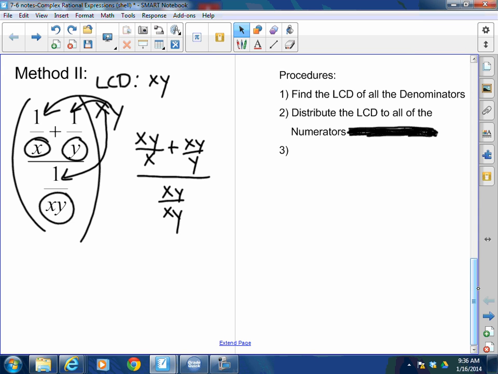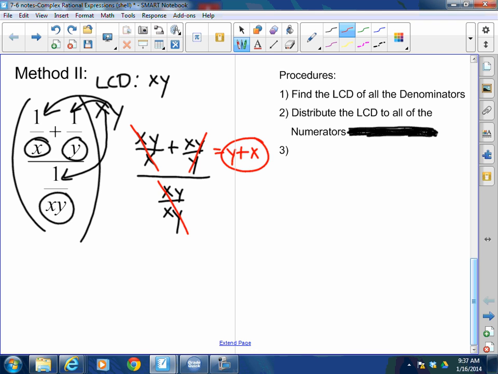Now let's simplify. What's xy over x? What's xy over y? And xy over xy? Done. Step 3, simplify.